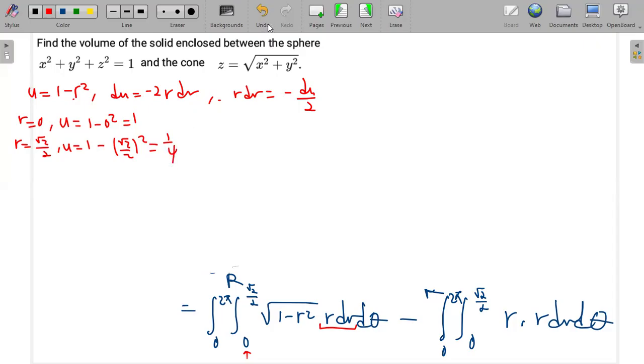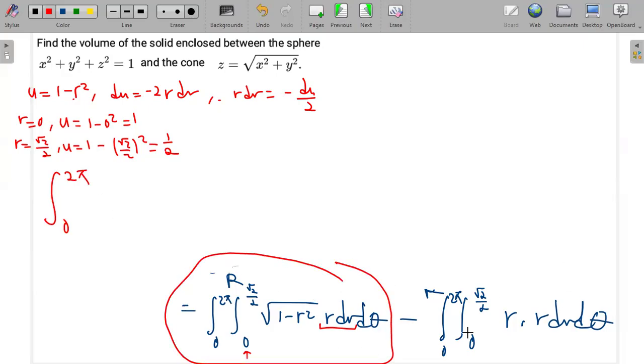So my limits have changed to this. Now I can try to substitute. I have 0 to pi. Remember, I'm just evaluating this one first, and then I'll evaluate this and subtract to find the volume. It will be from 1, because this limit here has changed to 1, then this limit on top has changed to half.